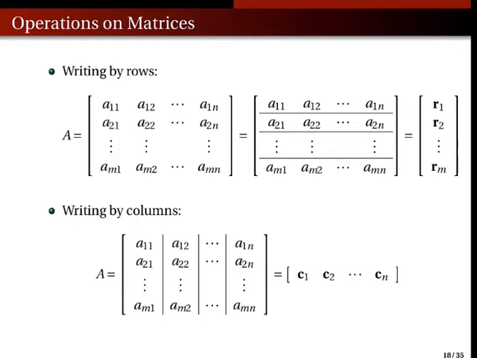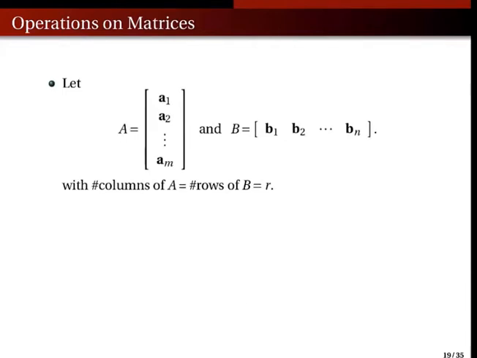So how do we use this? Suppose A has m rows, and B has n columns. A has m rows, so a1 here, a2 here, until am here. B has n columns, so column 1, column 2, until column n.